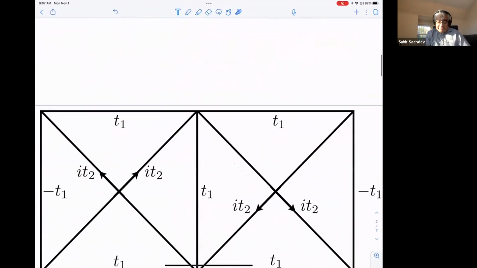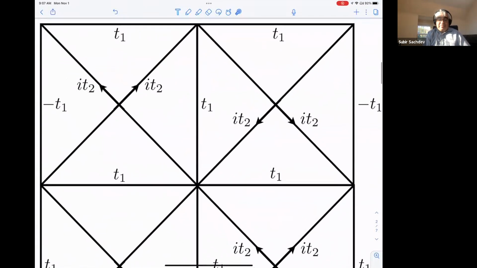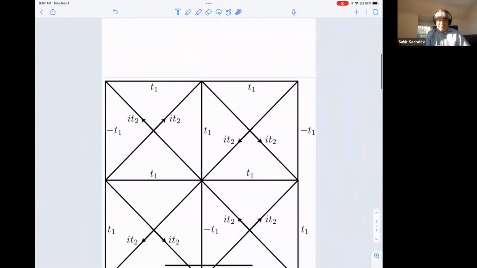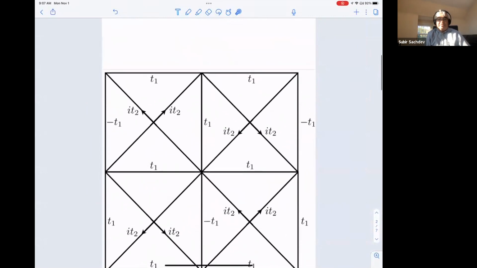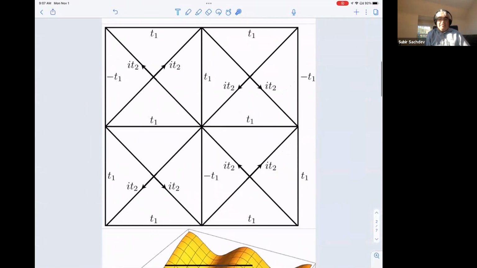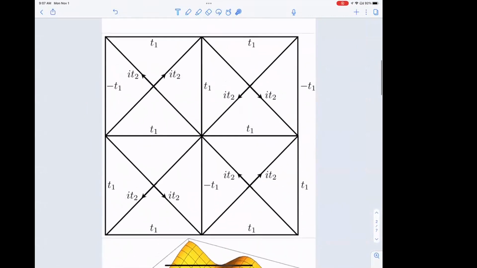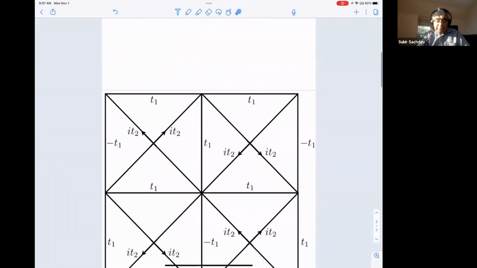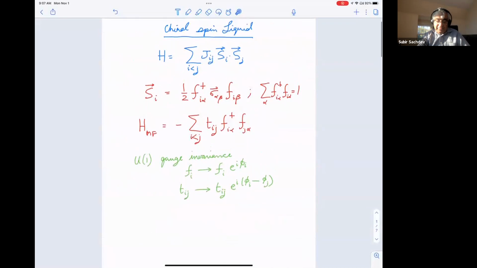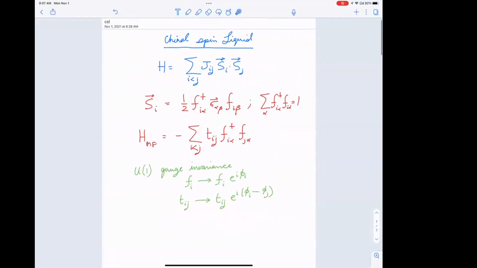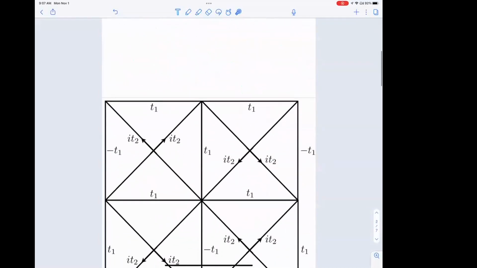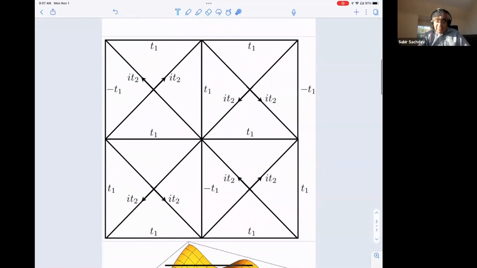Okay, so here's a picture of the Tij I want to take. What is real and what is imaginary? Jij is real? Absolutely, Jij is real. And so the Tij are shown in this picture.